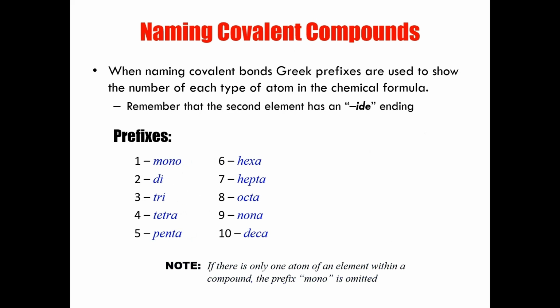If there's only one atom of an element within a compound, the prefix mono is omitted in most cases. There are one or two exceptions to this rule, such as carbon monoxide, but for the most part, the prefix mono is not used. And so let's take a look at some examples together to really solidify this concept.